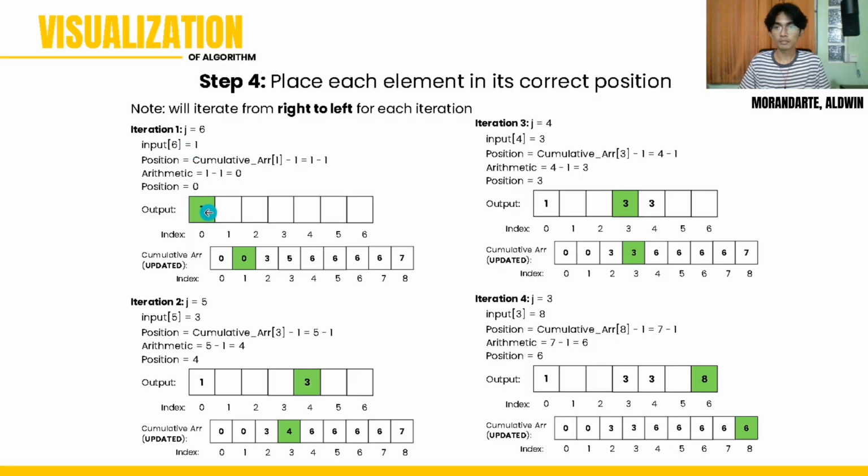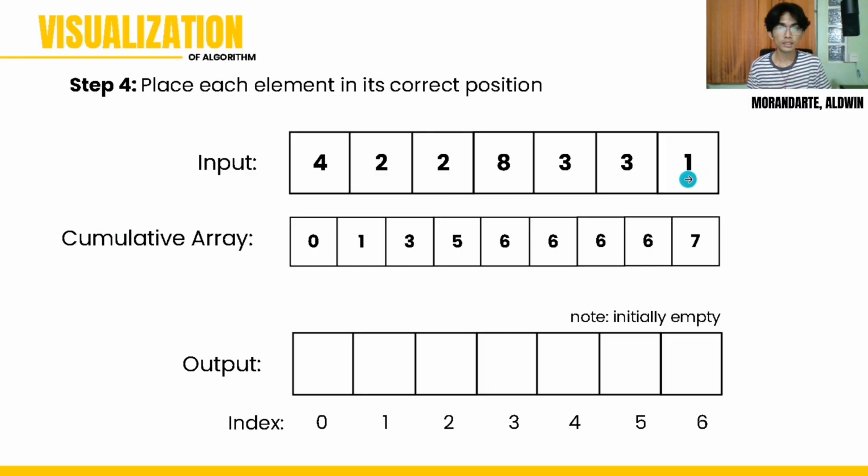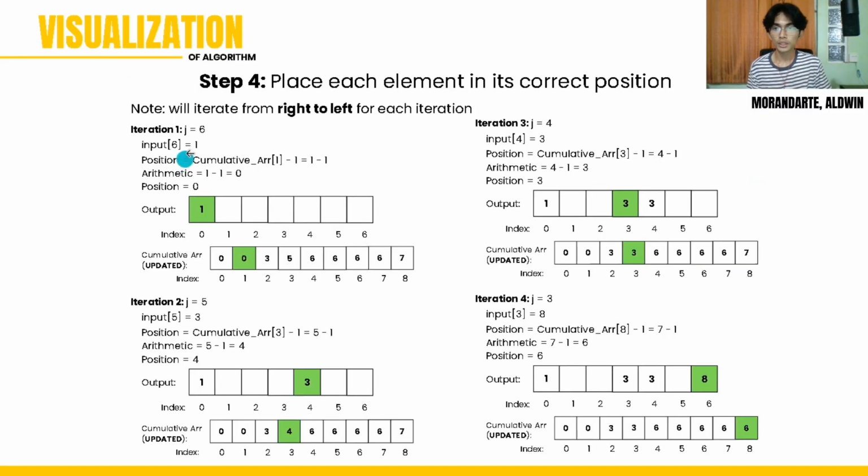Next, we get the value inside the input array of the current index. So at input index 6, we have 1.